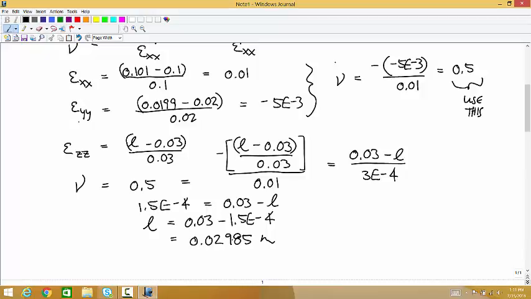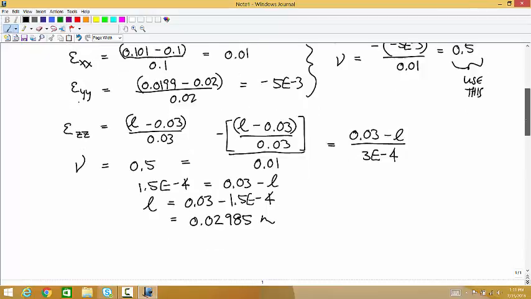Okay, so that was the idea of that one. It just took recognizing that Poisson's ratio applies in the z direction just like it does in the y direction. So you can use the values we have to calculate Poisson's ratio and then use Poisson's ratio to figure out the deformation in the z direction. Were you looking for that deformation length or the change? I didn't remember how you worked it. I don't either.